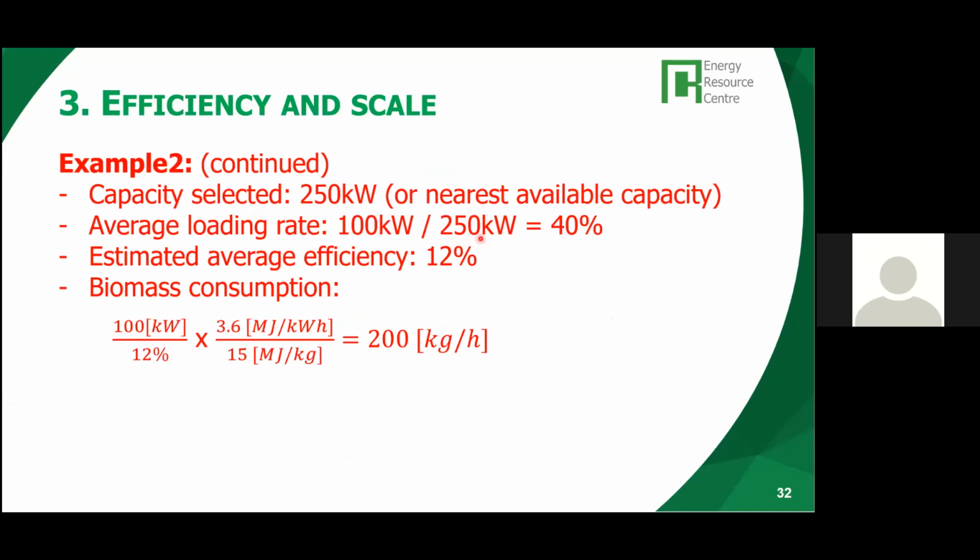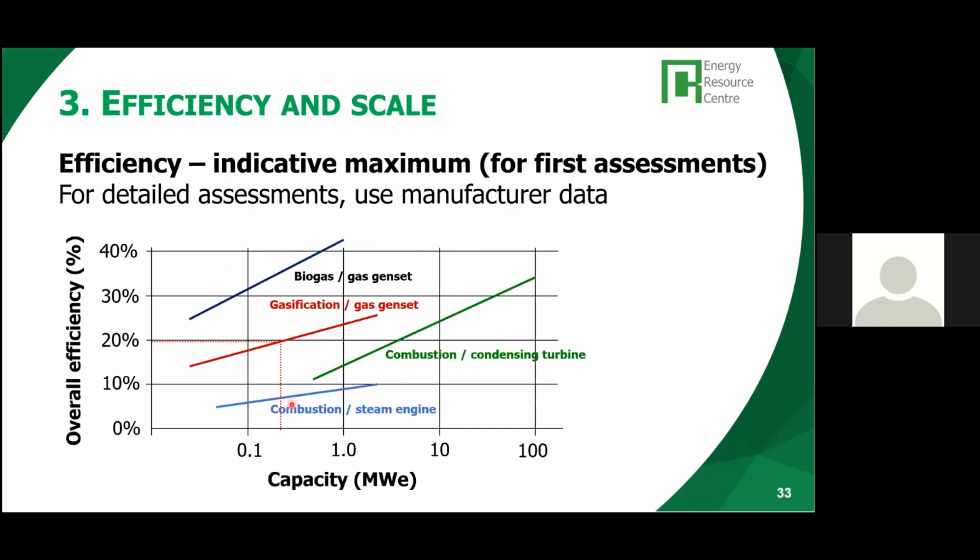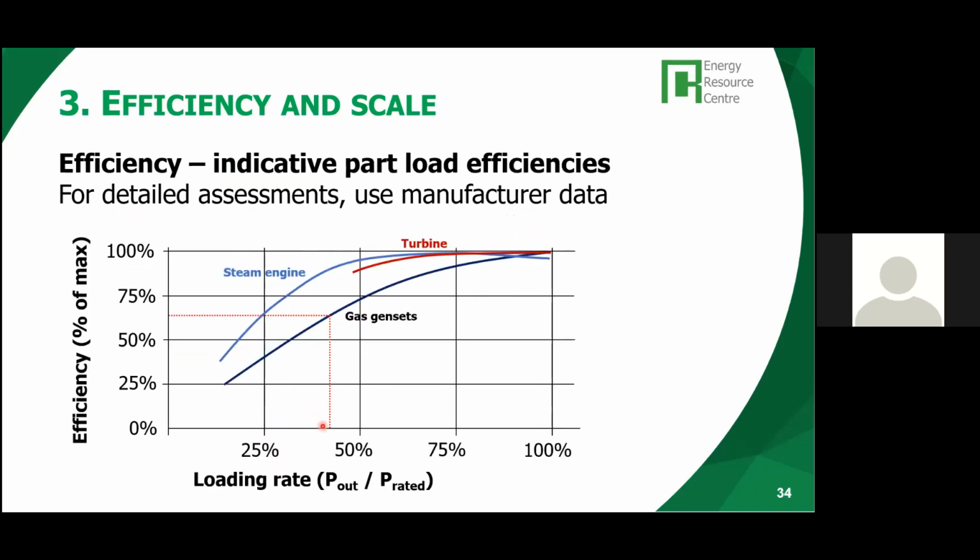System capacity at 250 kilowatts would be 40%, and that means that even though you have a somewhat larger system, so you might have a somewhat higher overall efficiency of, let's say, 19 to 20%, you're running it at only 40% of its capacity.